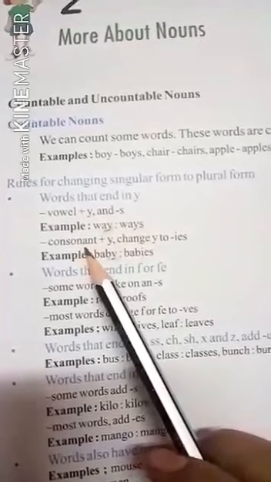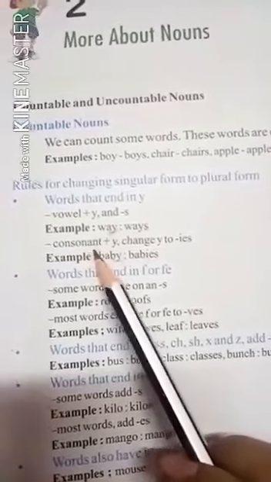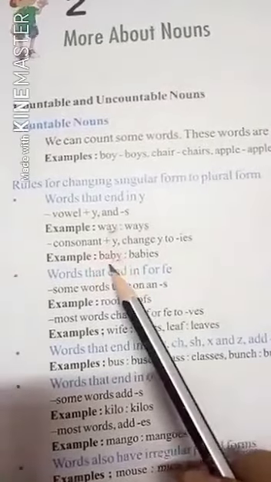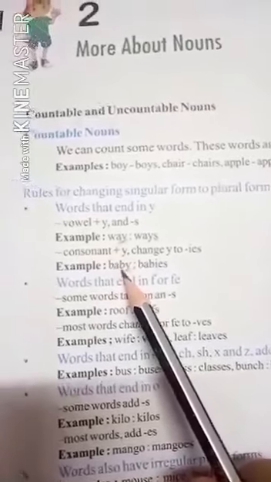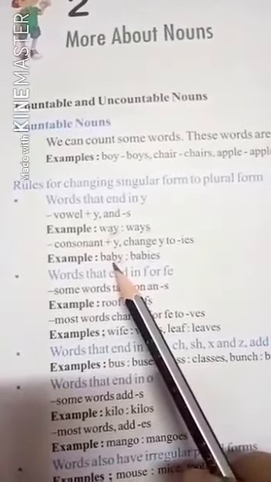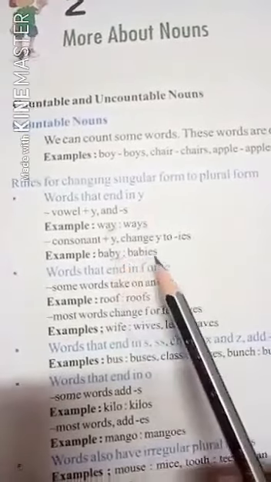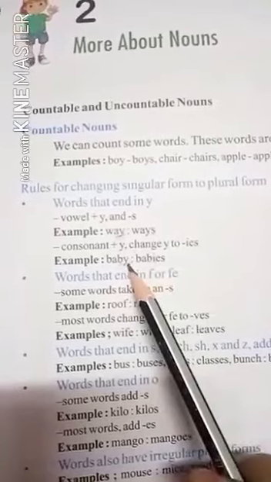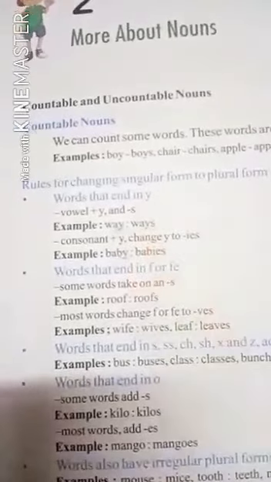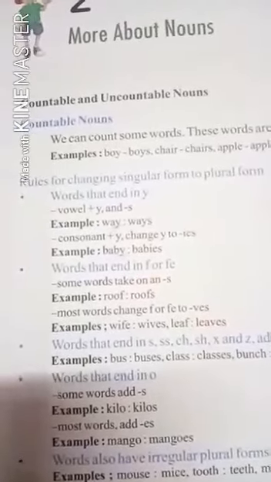When you see a consonant plus Y, like baby, B is a consonant, then you can change this word by putting IES in the place of Y. In this way, you can change these words into plural forms.